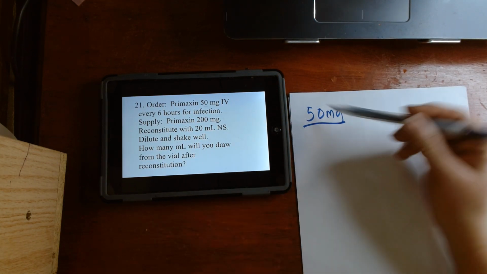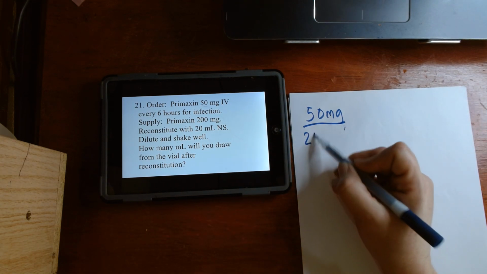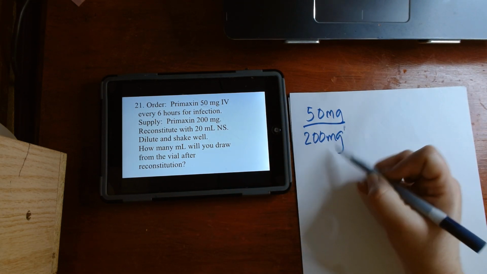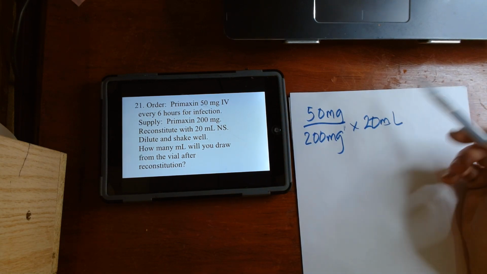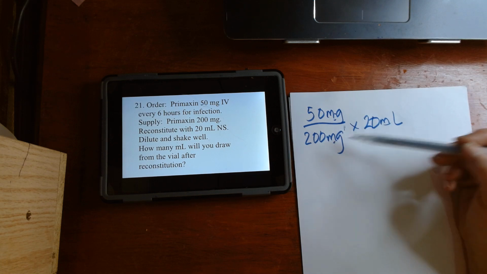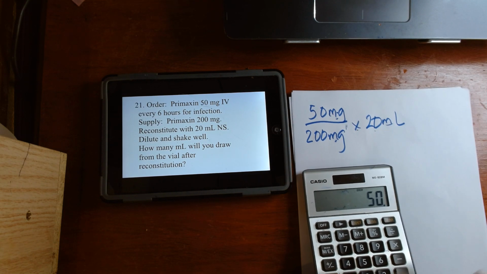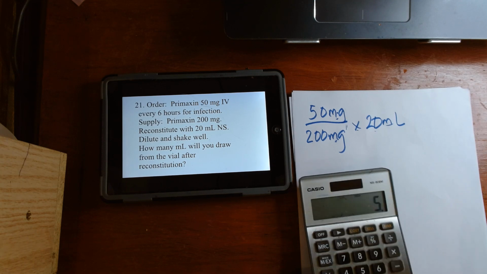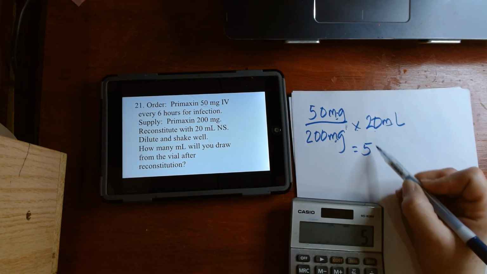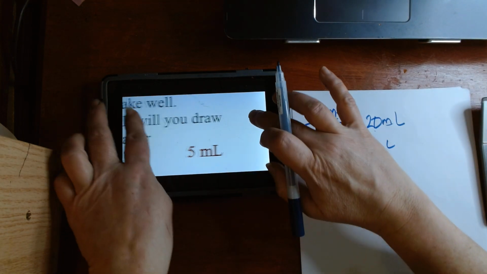What I have, got to have the same last name, is 200 milligrams, times how it comes in 20 milliliters. Then we're doing the math: this divided by that times that. 50 divided by 200 equals, times 20. We're going to draw out 5 mLs. Look, sure enough it is. Boom.